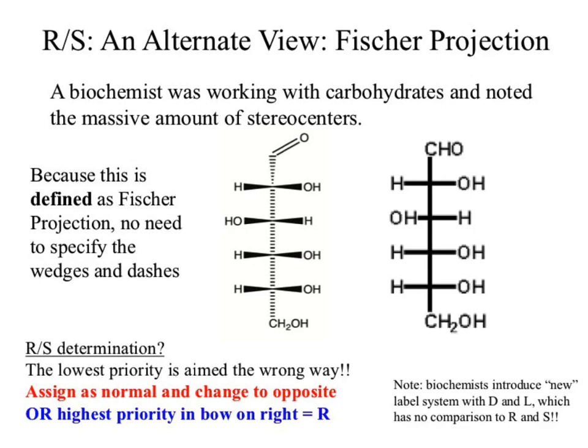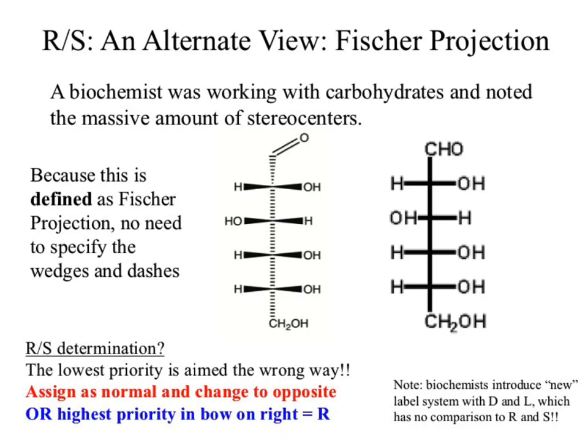Okay? R and S determination. We just went through and did that. We can assign as the normal priority and then just change to the opposite. That would be the way that I would recommend to do it because we maintain the same pattern. Or we assign highest priority on our bow. On the right-hand side is R, left-hand side is S. You will notice that if you move into biochemistry or if, say, you're studying for an MCAT or anything like that, you may hear words like D or L labels get dropped in there.